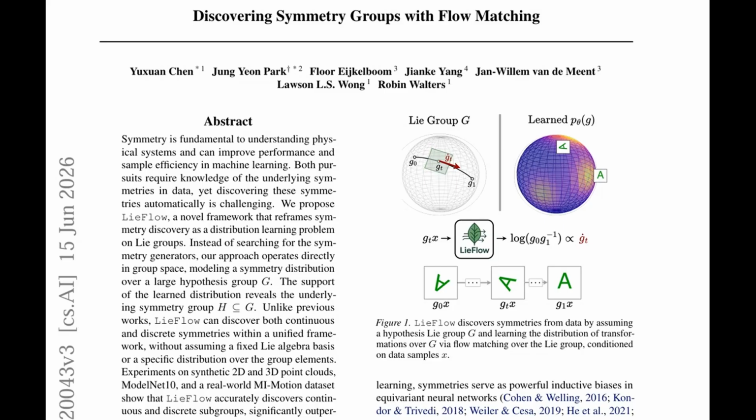Starting with a small direction in a Lie algebra, the exponential map can produce a finite transformation in the group. For a matrix group, this is the matrix exponential and so on. It is the mechanism that lets the method make updates which still stay inside the transformation group instead of moving arbitrarily through the entire ambient data space.